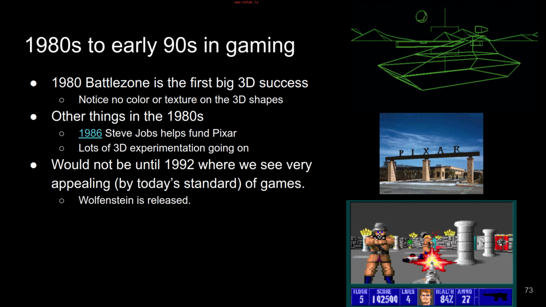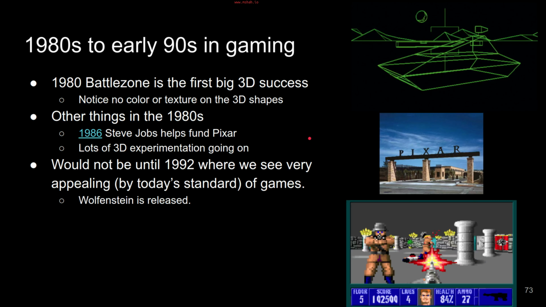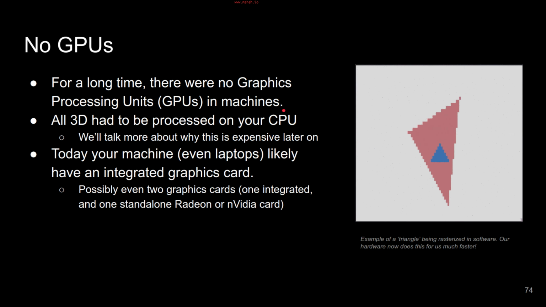It modernized the first-person shooter style games, where you're in the first-person perspective, and made it feasible to do these things in real time with a lot of detail. Again, there were no GPUs for a long time. So drawing graphics, even for Wolfenstein, was still all done on the CPU. Most machines did not have a dedicated graphics card.